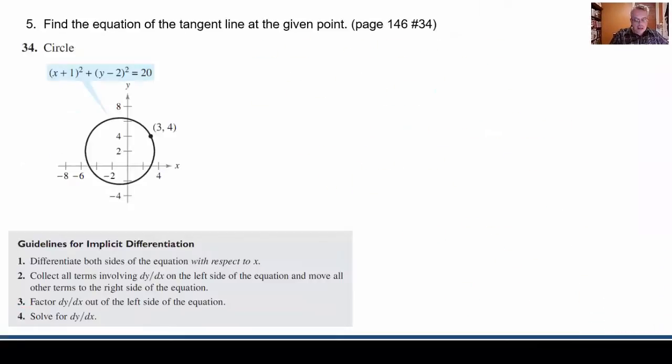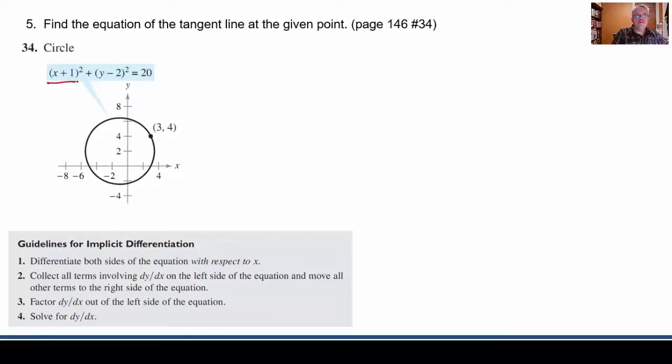Okay, let's try it again for a circle. This one's going to be a little bit easier. For the circle, we're going to need the general power rule twice because we have a function to a power here and another function to a power here. So here we go.